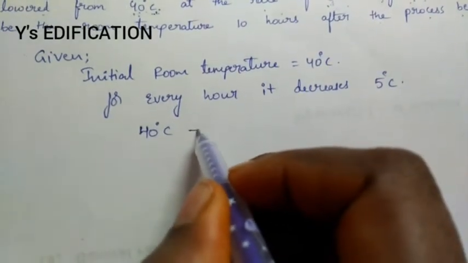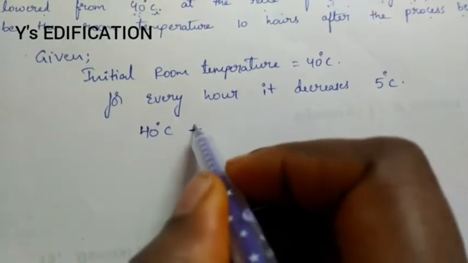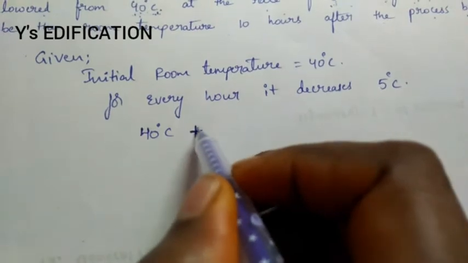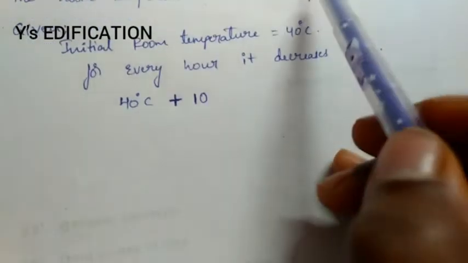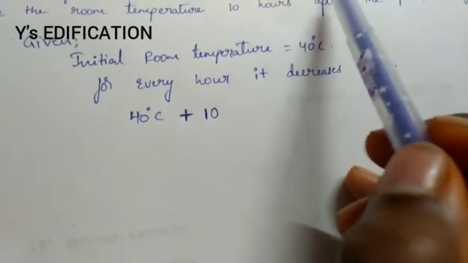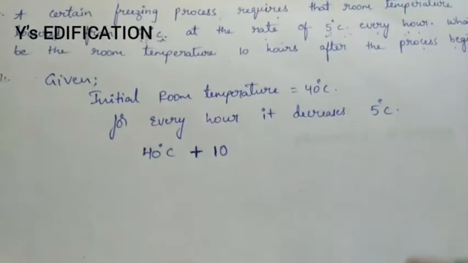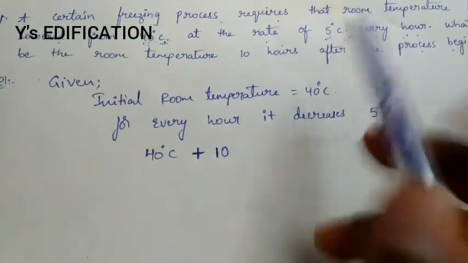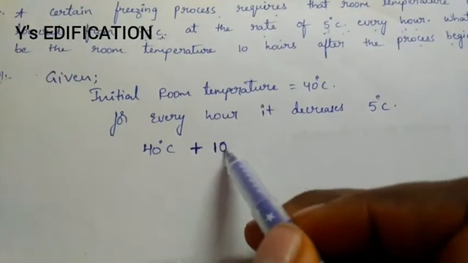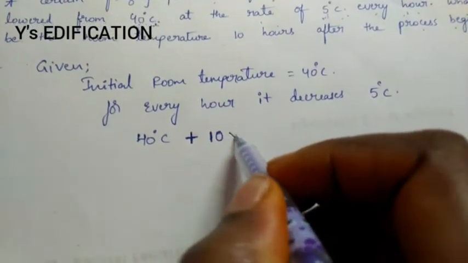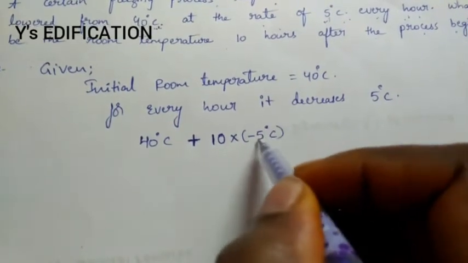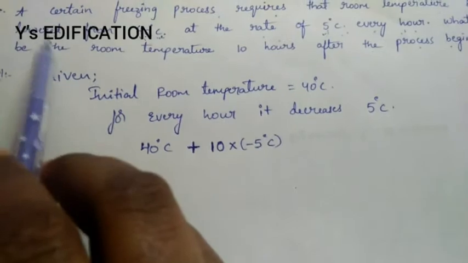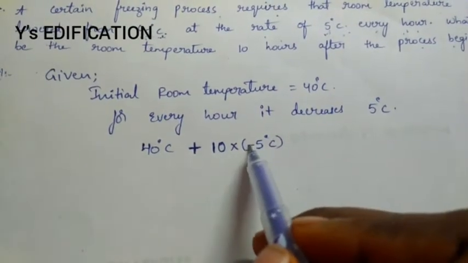After 10 hours means we have to add 10 more hours. It will decrease 5 degrees Celsius for every 1 hour. That means for 10 hours it is 10 into minus 5. Why? Because the temperature is lowering here. So, we have to write minus 5.